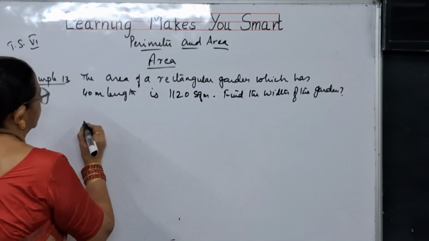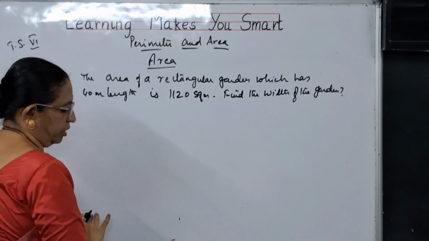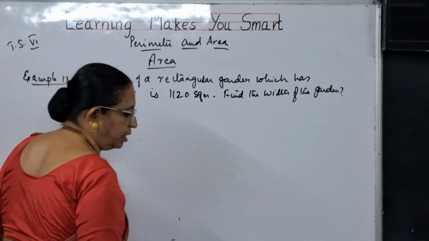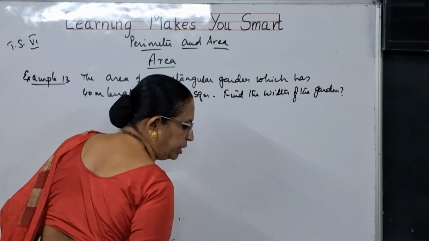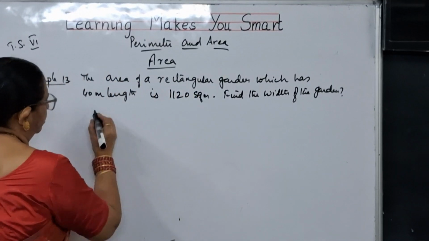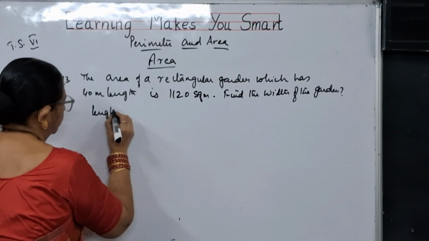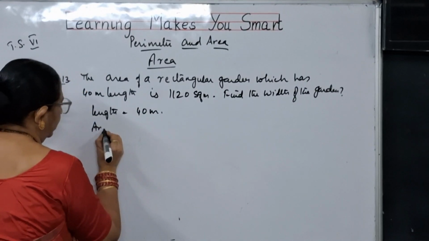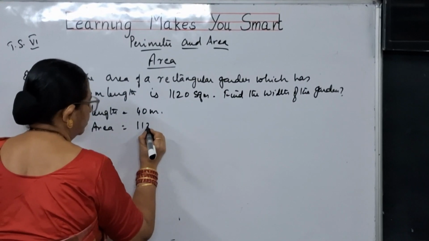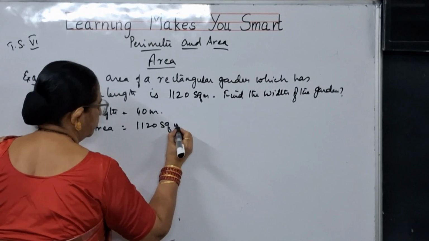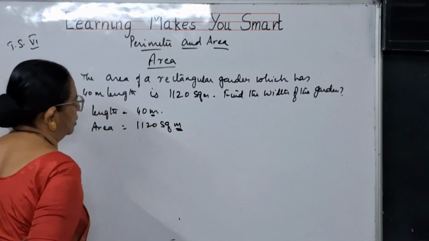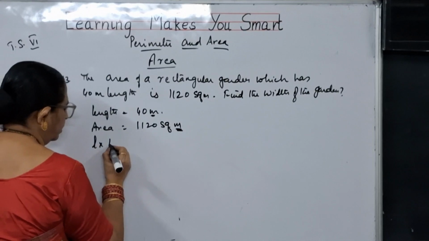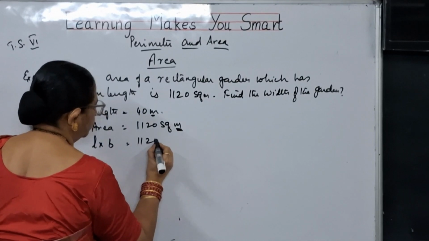See, what is the length they have given? The length is given as 40 meters, and the area is given as 1120 square meters. So see, children, the units are the same, so we need not bother. Now we know that area means length into breadth is equal to 1120.